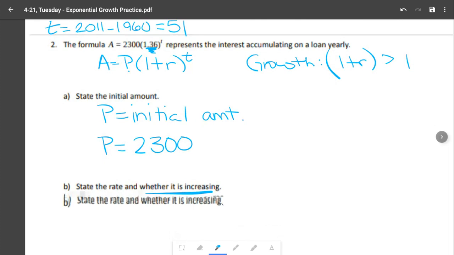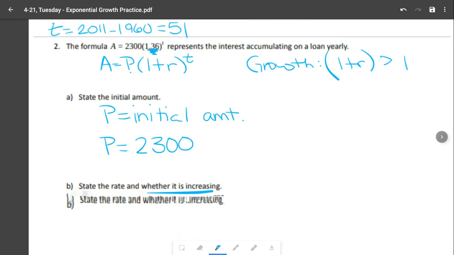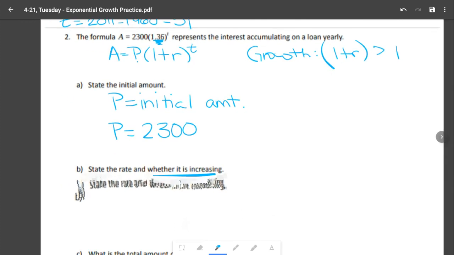State the rate. We know it's increasing already. So now the rate is inside the parenthesis. However, there's also that 1 plus in there. So inside of my parenthesis is this 1 plus r, and it's equaling this 1.36. So we need to solve for r to get the rate.